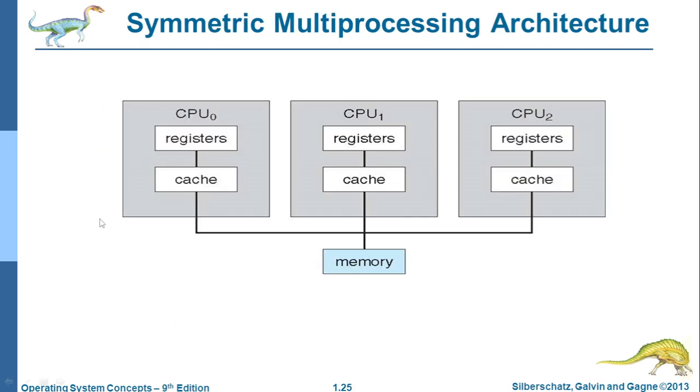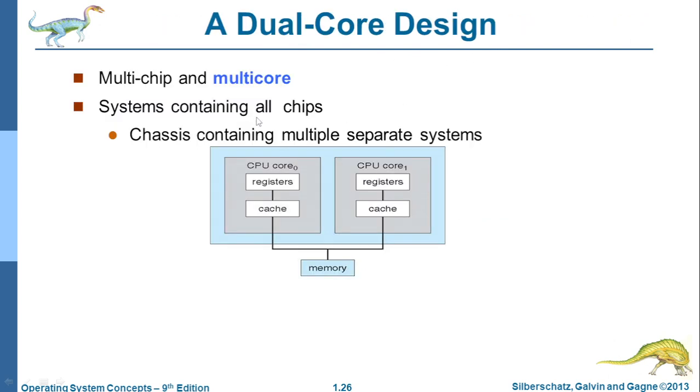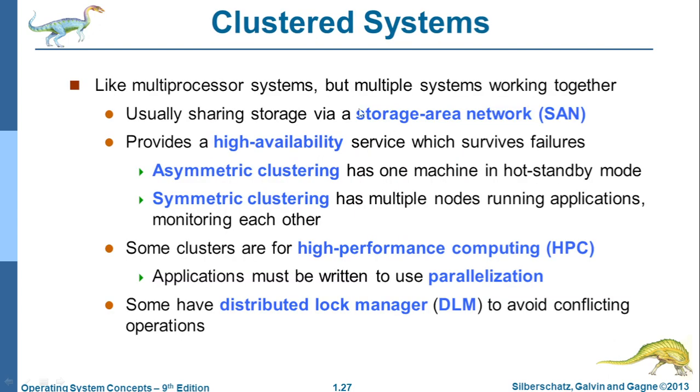This is the basic multi-processing architecture. Multi-processing means there are more than one CPU. We can see that there are three CPU, CPU 0, CPU 1, CPU 2. There are three processing units, so it is called multi-processing. Multi means multiple processing unit. Dual core is a multi-processing unit. Dual core means there are two CPU or two processing units, right?